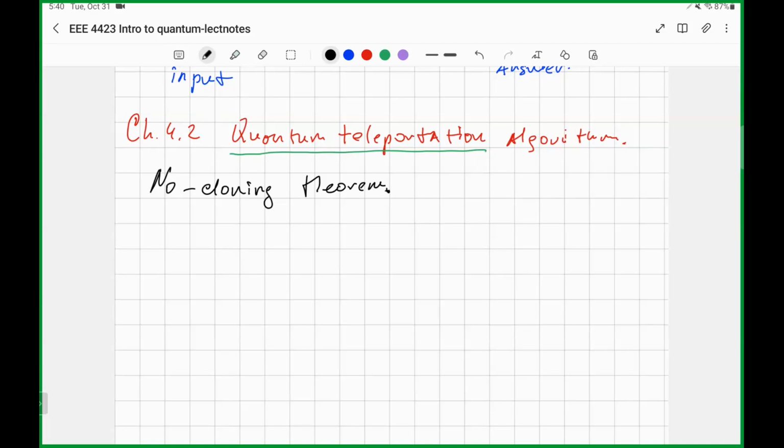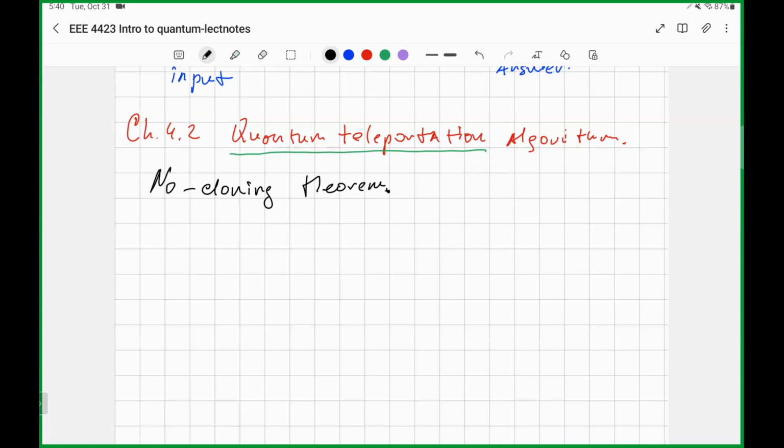In quantum, we cannot clone the state because, due to the measurement of a quantum state, the state collapses to another allowed eigenstate of the system.